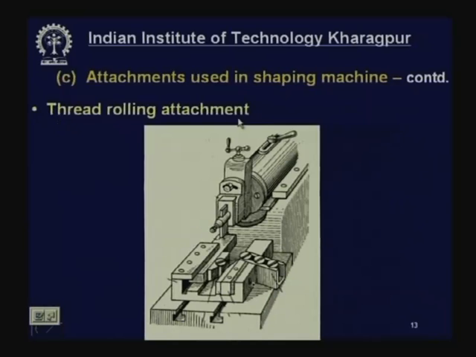Thread rolling attachment used in the shaping machine. Now, screw threads can be produced by many methods, say casting, rolling, forging, some in a very irregular type, and by non-conventional processes, various methods.